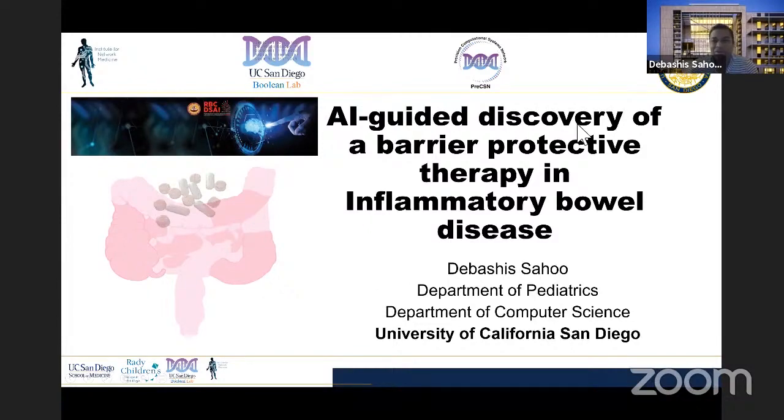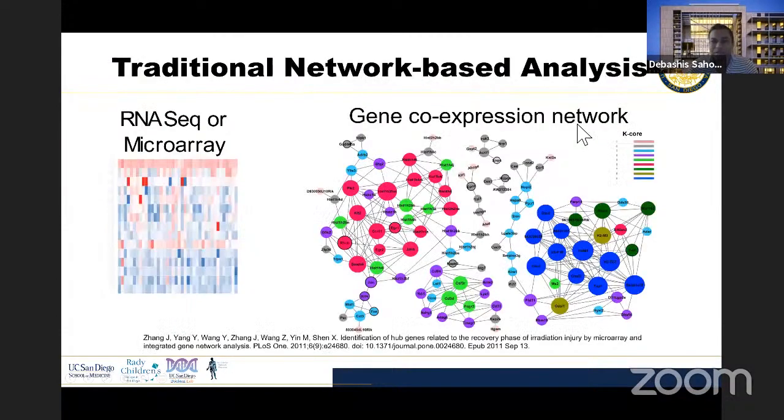If you think about the traditional approach for target discovery, you start with data. In the disease setting, you start with a normal sample and a disease sample. So two groups of samples. And most people, when they have this data, try to identify genes that are differentially expressed and hope that the target is buried in this large list of differentially expressed genes.